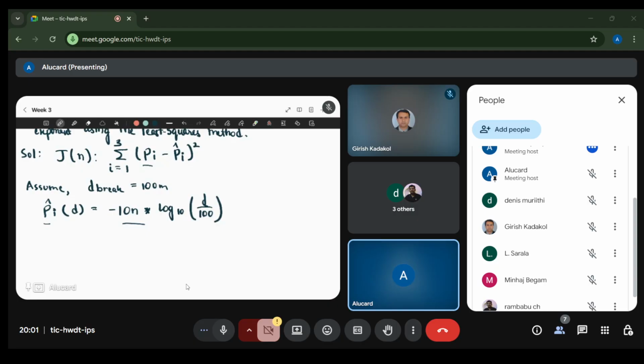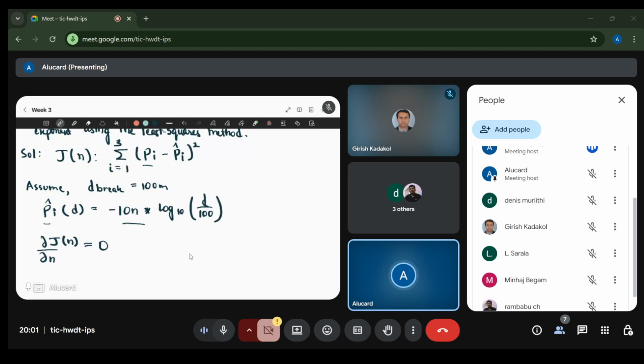Then we know from calculus that to minimize or maximize a function, the partial derivative of that should be 0. So you take the partial derivative of J of n with respect to n and set that to 0.